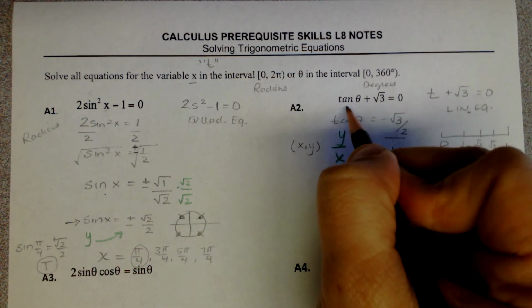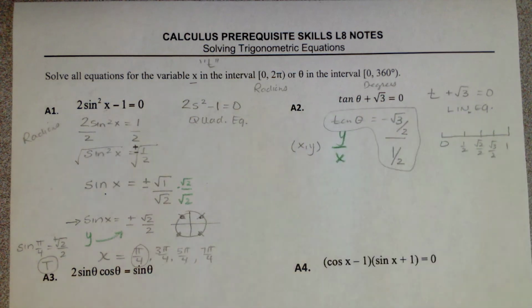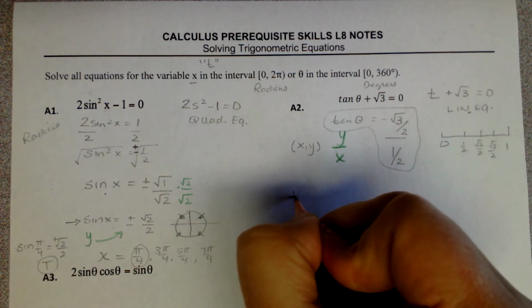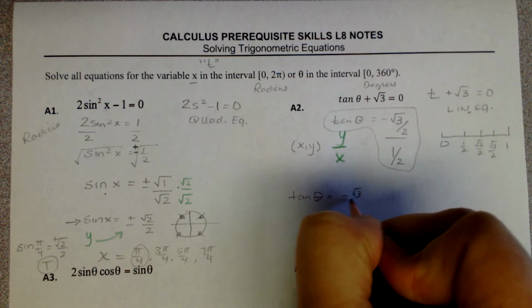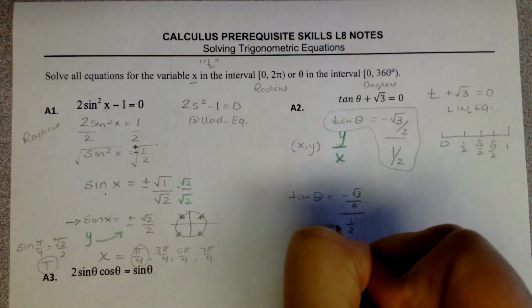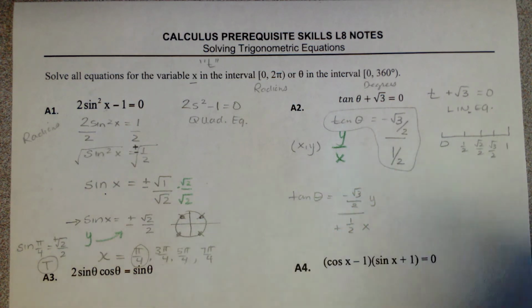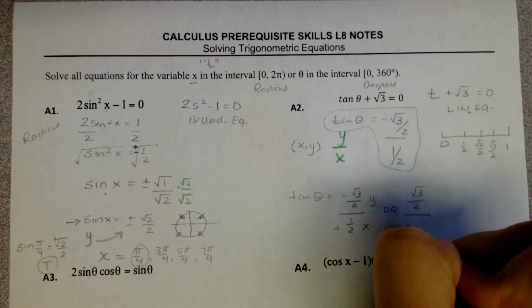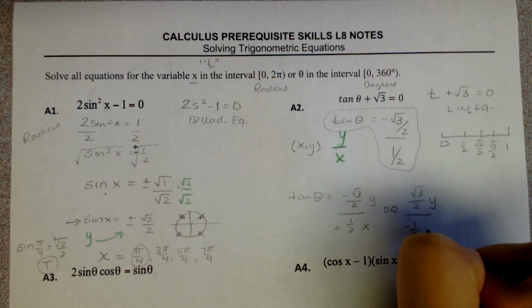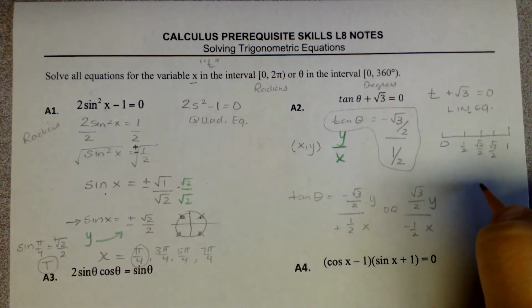So this statement that I'm putting a bubble around has two different forms. Either the tangent of theta is equal to negative root 3 over 2 over 1/2, where this is y and x, or we can have root 3 over 2 over negative 1/2, where this is y and this is x.